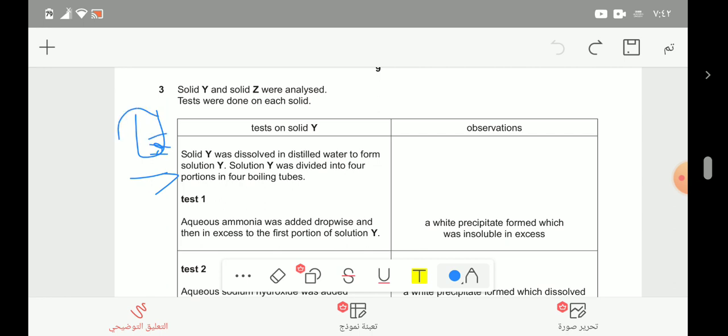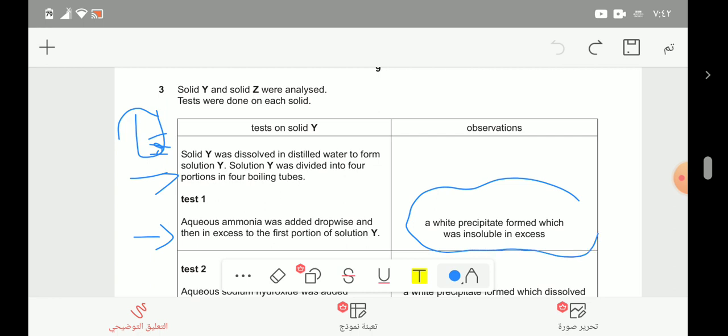Okay? Test 1. Aqueous ammonia was added dropwise, then in excess, to the first portion of solution Y. A white precipitate formed which was insoluble in excess.